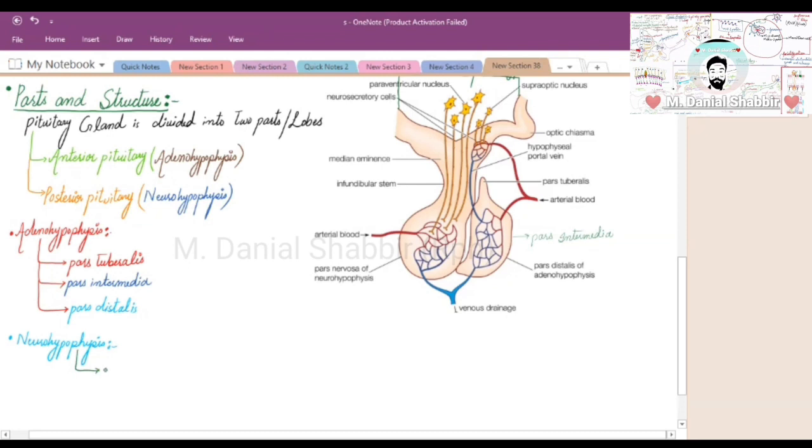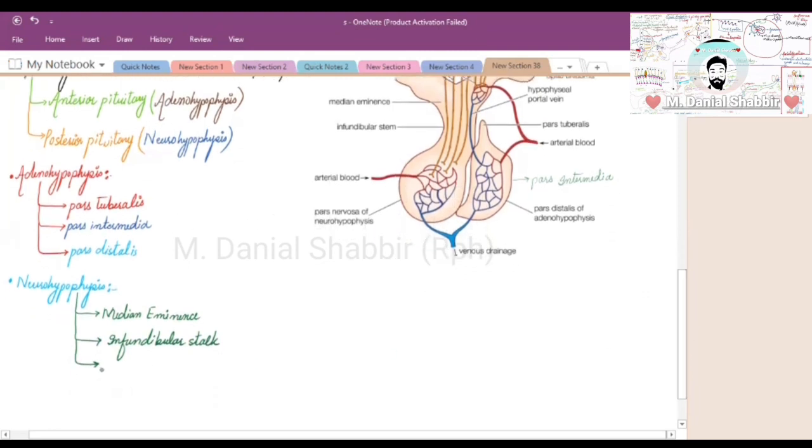The first part is median eminence. The second part is infundibular stalk. The third part is pars nervosa.